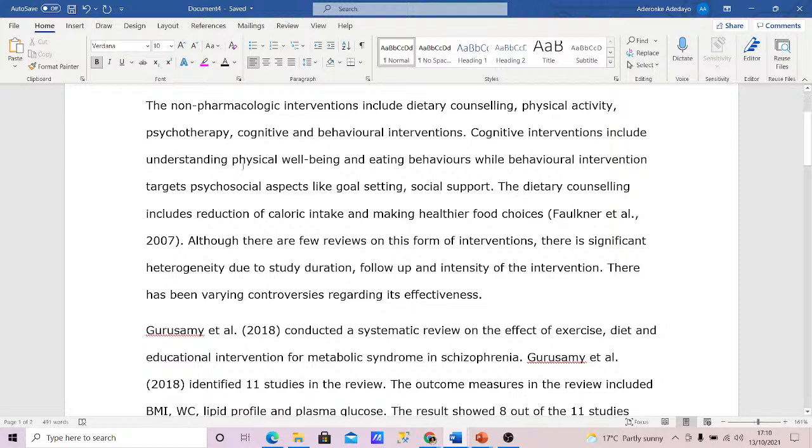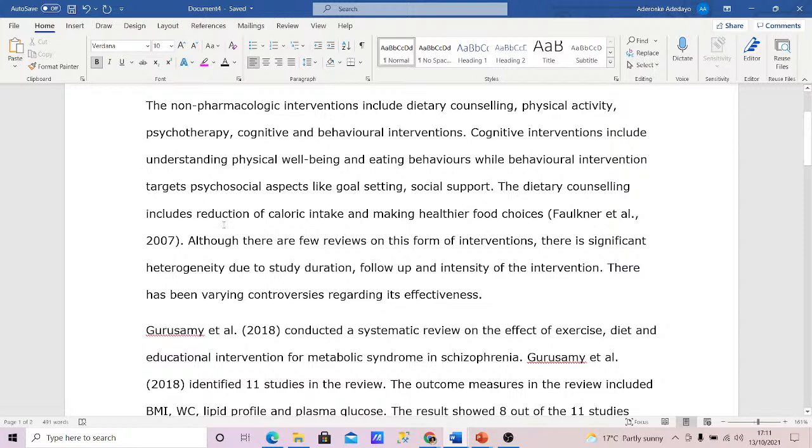The non-pharmacologic interventions include dietary counseling, physical activity, psychotherapy, cognitive and behavioral interventions. Cognitive interventions include understanding physical well-being and eating behaviors, while behavioral intervention targets psychosocial aspects like goal setting and social support.